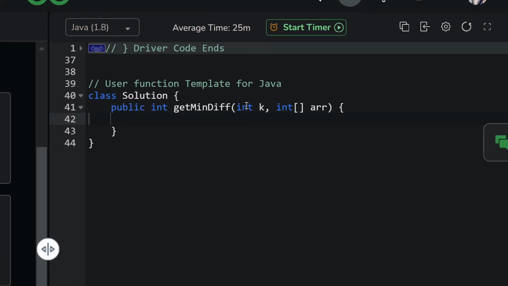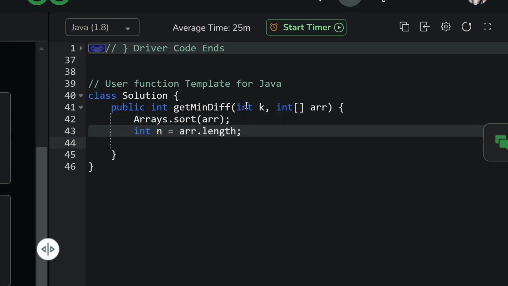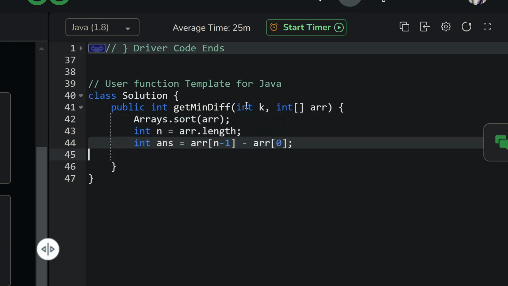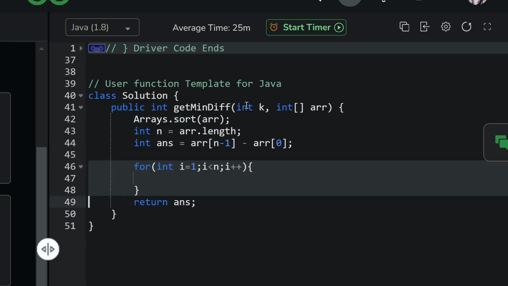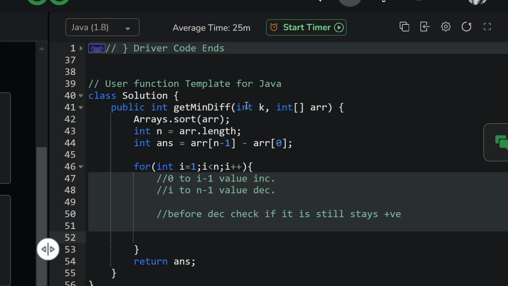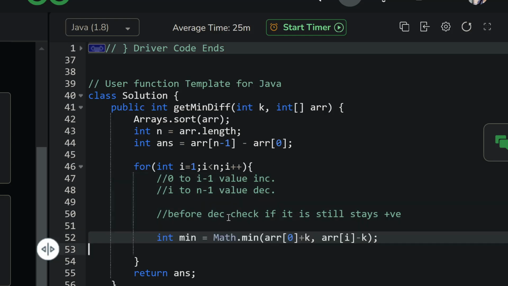So let's code this. First we have to sort this, then we have n, and this will be our initial answer. Then we need to return the answer and start from index 1, and from 0 to i minus 1 we will increment, from i to n minus 1 we will decrement. Before decrementing we need to check if it is still positive.